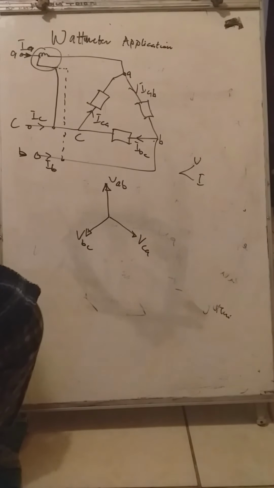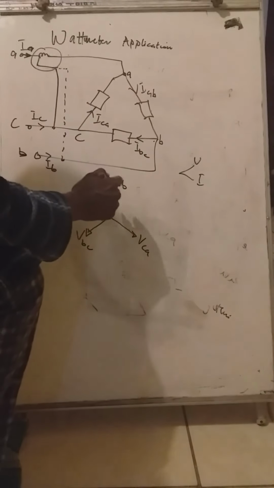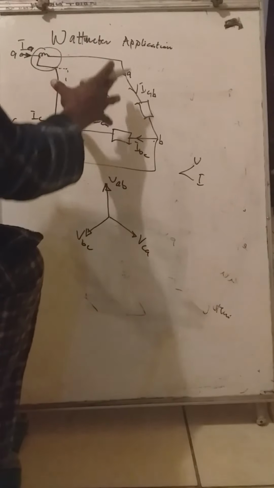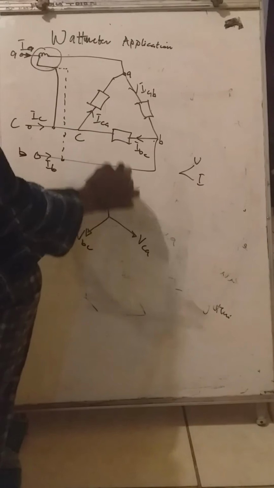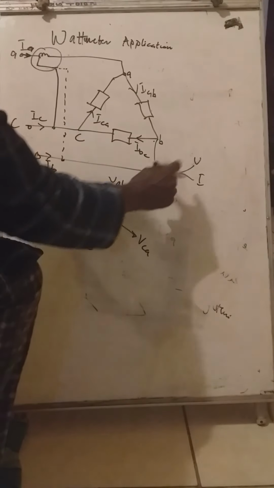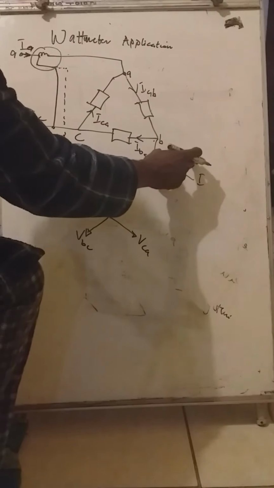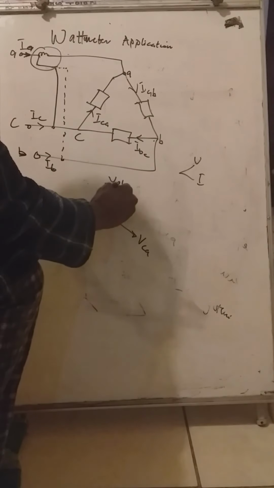Now, when we look at the current as we have VAB, we are going to take this in phases. Our VAB is, according to what we have, voltage leading, then current following. So our VAB is being lagged by our IAB.